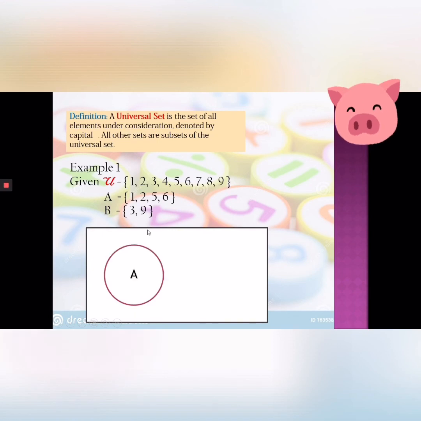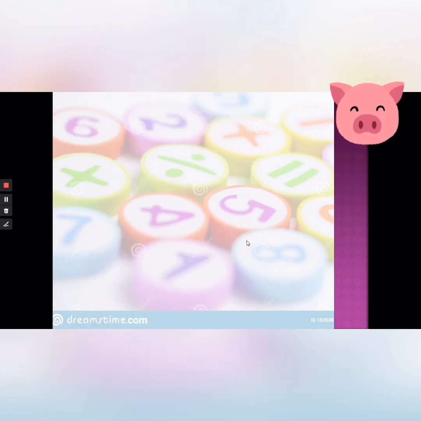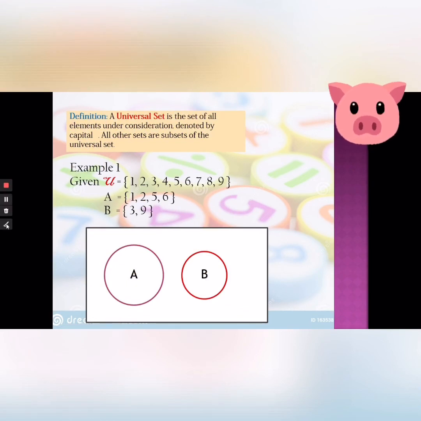Now I have here the Venn-Euler diagram to show more about the universe. Since we have A and B, it means that we have to create two circles. As you can see, circle A is wider or bigger than B because we have 4 elements compared to set B. So in this case, we are going to put all of them in the Venn-Euler diagram.